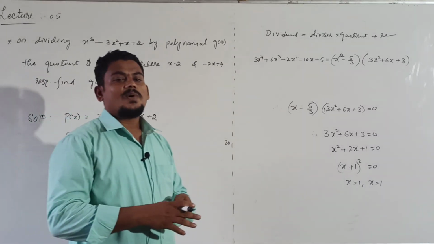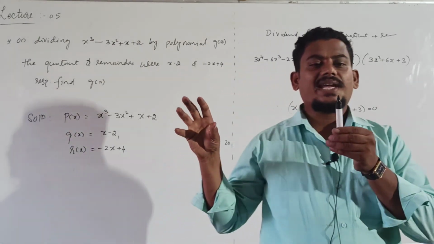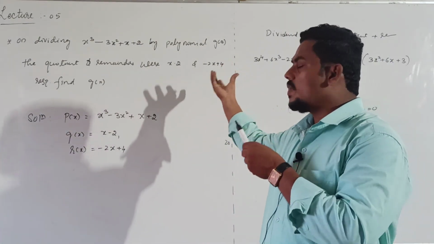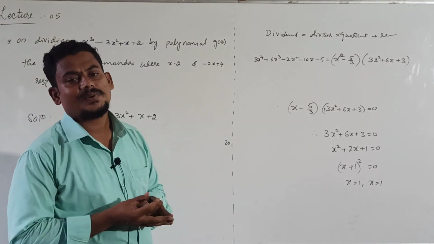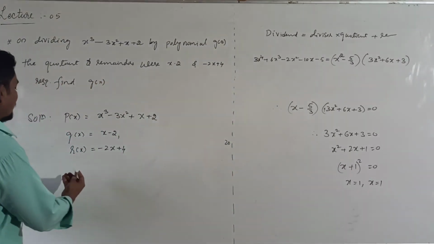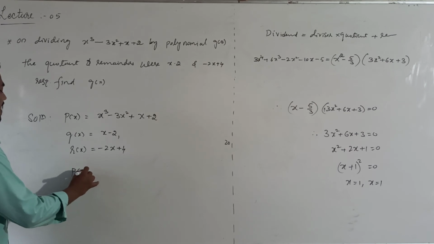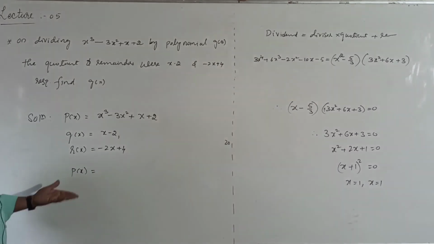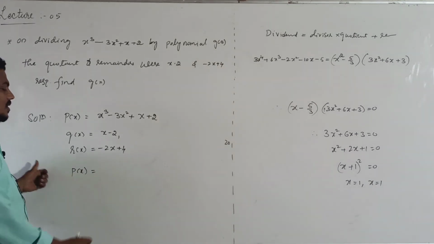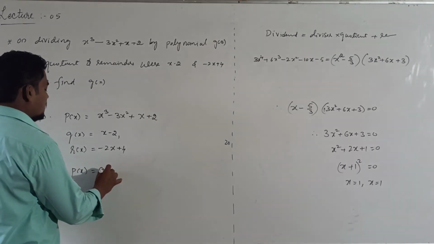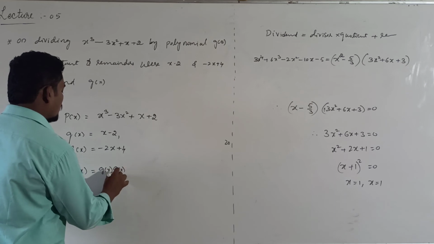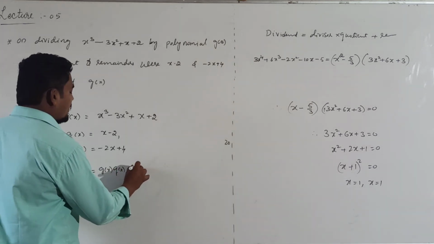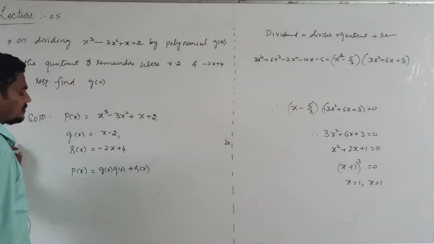On dividing the polynomial with g of x, we get quotient as x minus 2 and remainder as minus 2x plus 4. Then what is the divisor? We need to find g of x. What is the relation? By the division algorithm, p of x equals g of x into q of x plus remainder r of x.